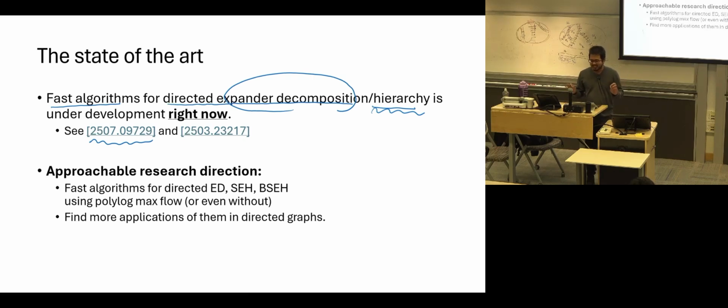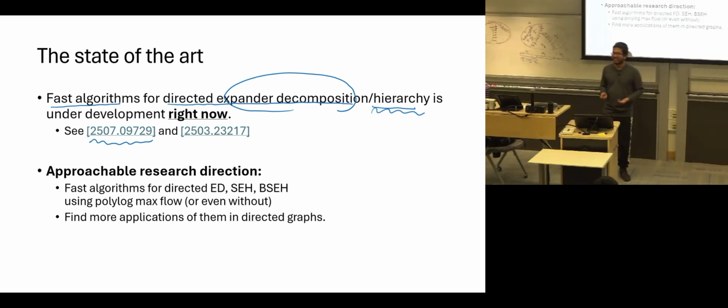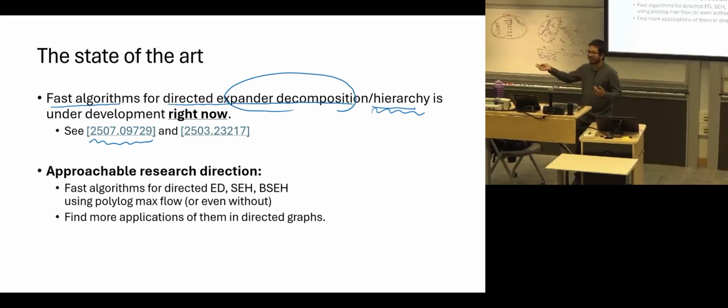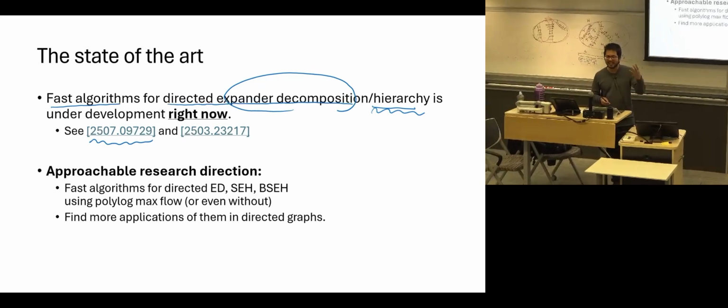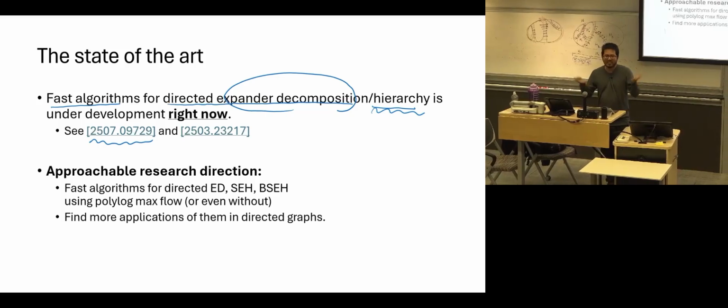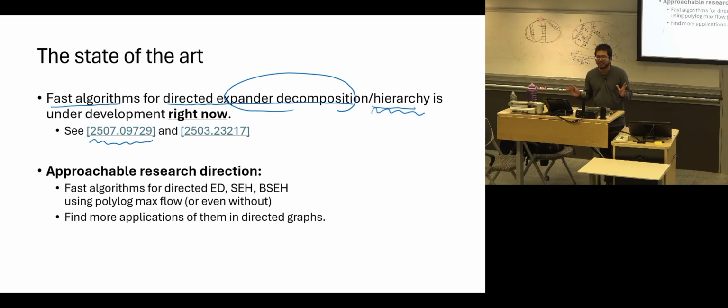But you see that whatever we have learned for undirected graphs just extends to directed graphs. For example, for the SE hierarchy, we should expect that what we learn in this class we can make fast in directed graphs too, just by trying to use the cut matching game and so on. So that is an approachable research direction.